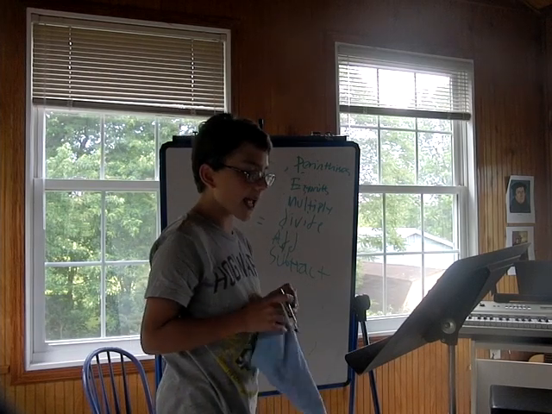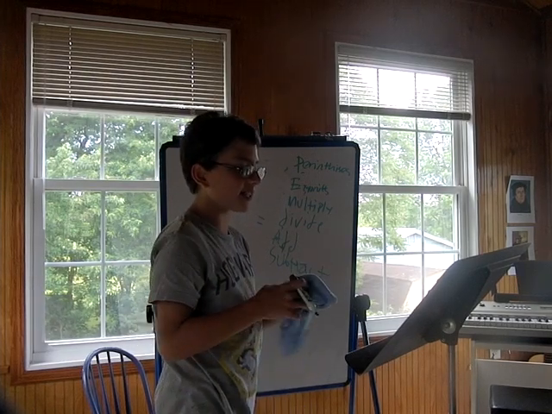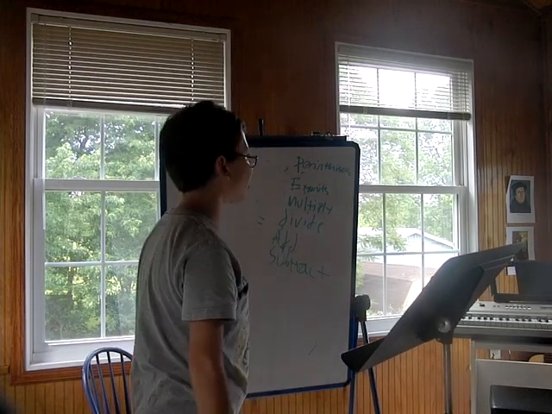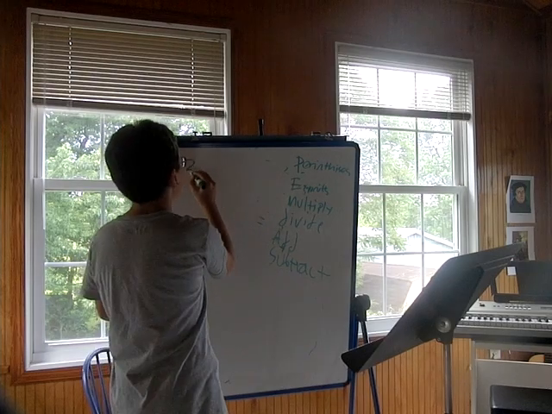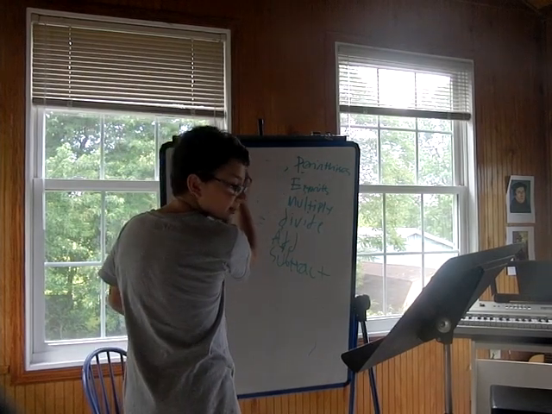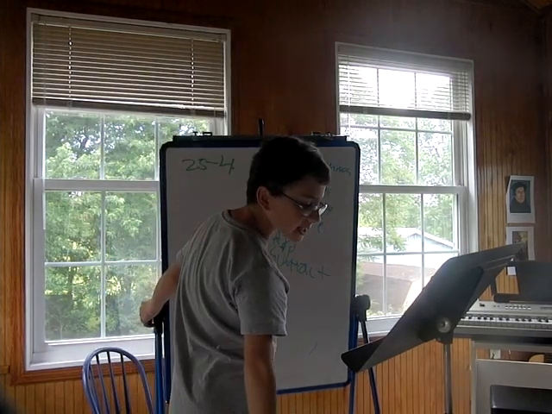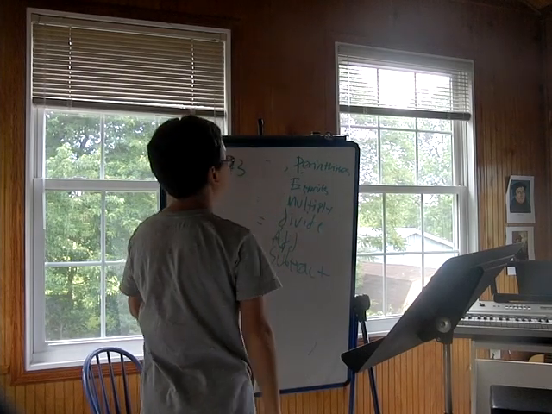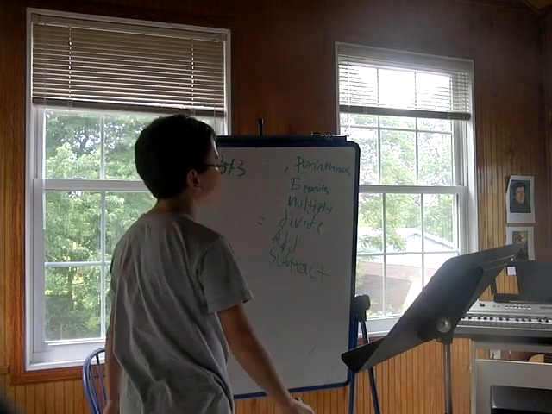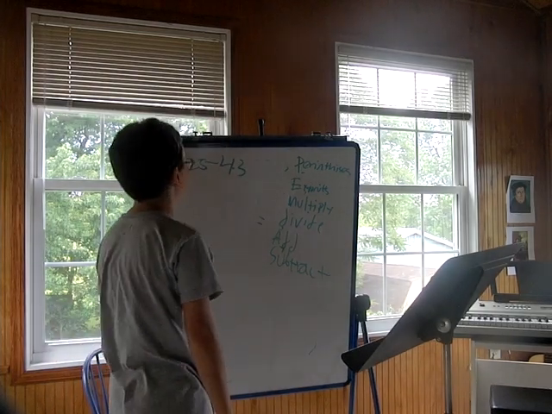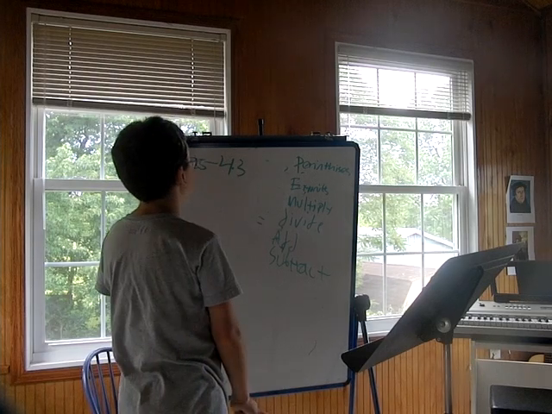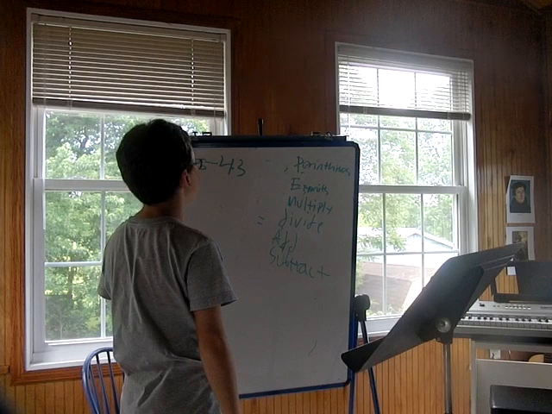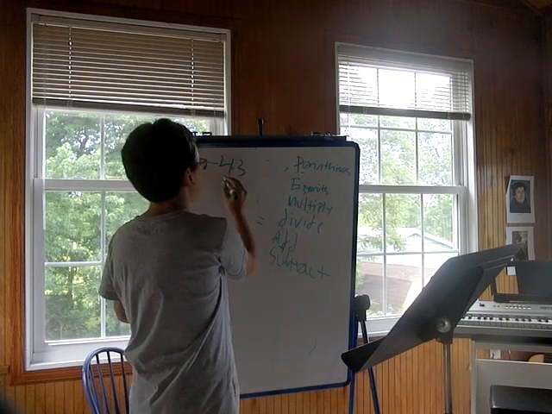Now, I'm going to take a look at some of the examples I have in my notebook. So the first one is 25 minus 4 times 3. So as we were talking about, the dot means to multiply. So then what we're going to do is, because it has multiply first, we're going to do 4 times 3.